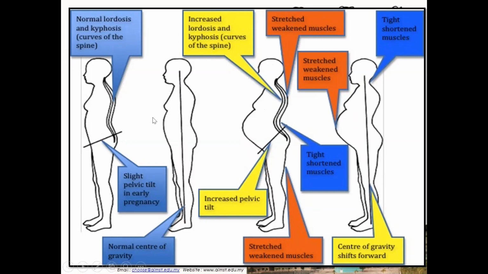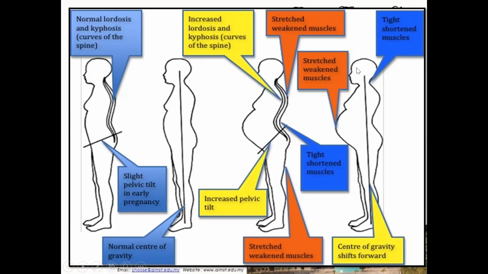Okay. So when they have this postural changes, since there is increase in the lordosis, this muscle will undergo tightness and this muscle will undergo weakness. Is that clear?